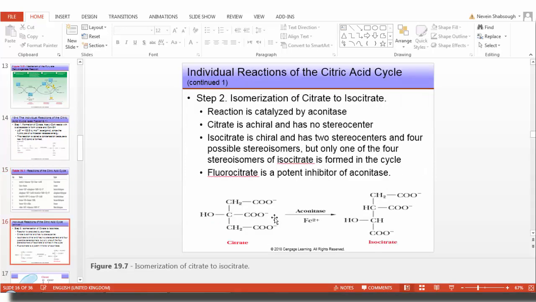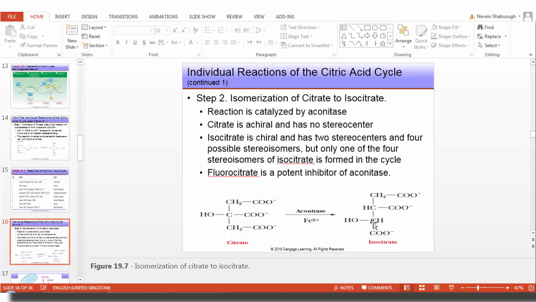Now step number 2, isomerization of citrate to isocitrate. Citrate is achiral and it's converted to chiral isocitrate in the presence of an enzyme called aconitase, and it requires iron 2+.